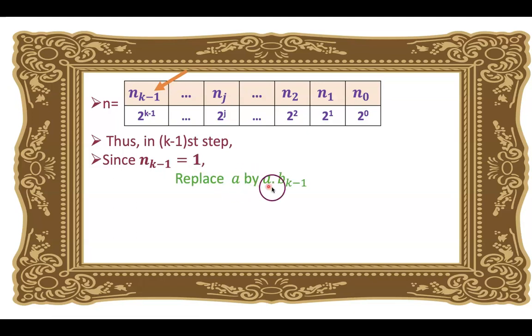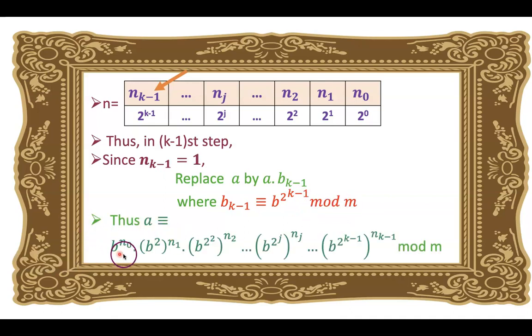So we replace a by a into bk minus 1, where bk minus 1 is congruent to b raised to 2 raised to k minus 1 modulo m. Thus, a will be congruent to b raised to n0 into b square raised to n1 into b raised to 2 square whole raised to n2 into etc. b raised to 2 raised to k minus 1 whole raised to nk minus 1 modulo m after this step.